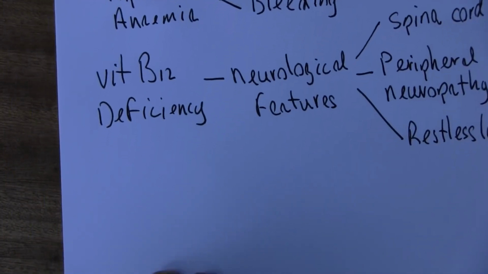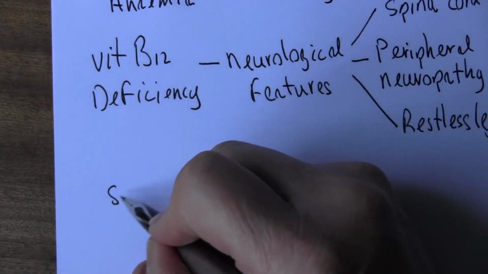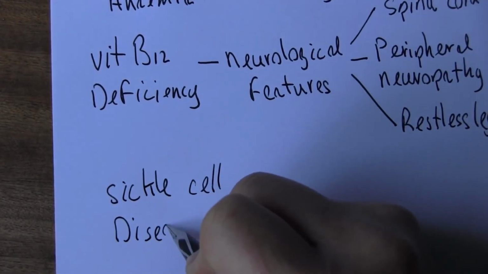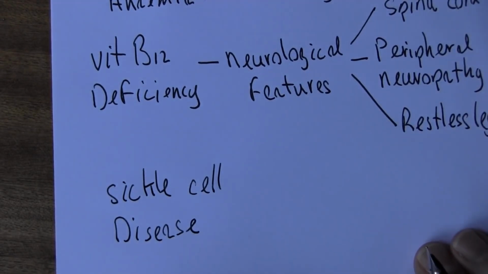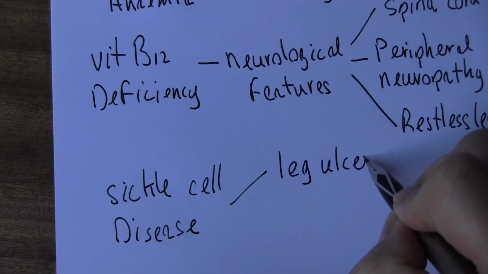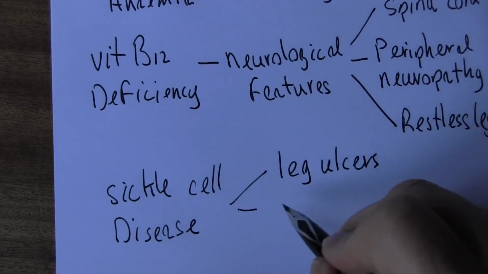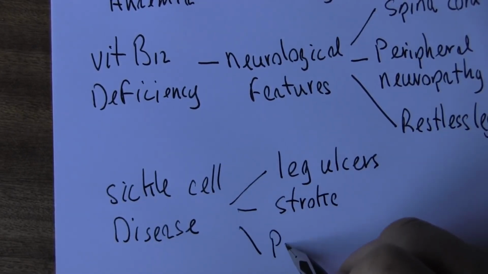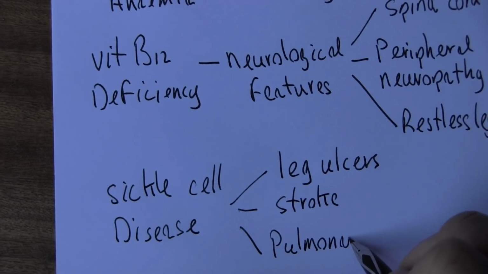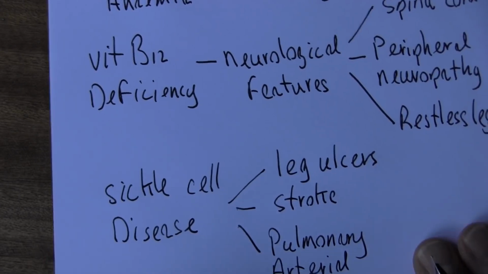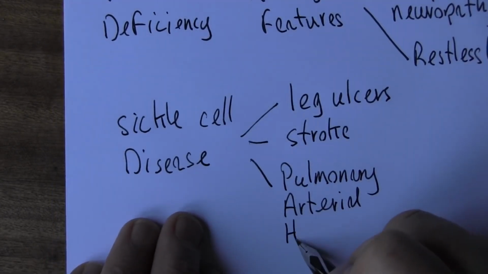I think the last one I'll mention is the sickle cell. So we know that sickle cell disease can cause sickle cell anemia, but sickle cell disease can also lead to other clinical features such as leg ulcers, stroke, and features consistent with pulmonary arterial high blood pressure, hypertension.